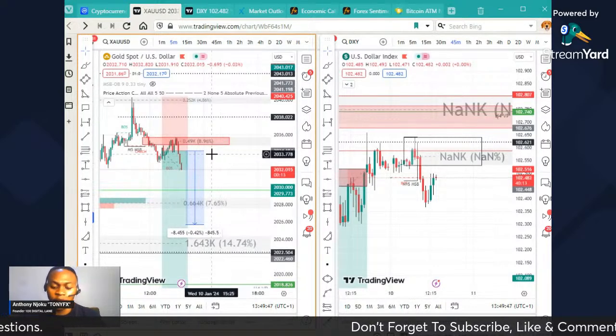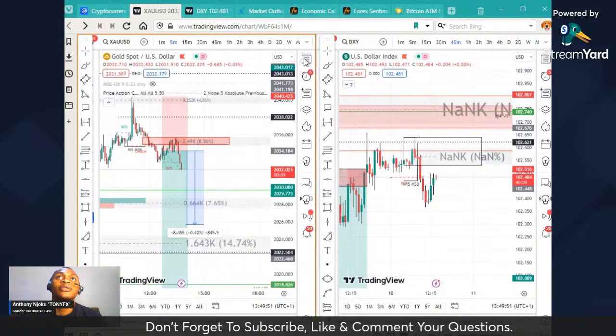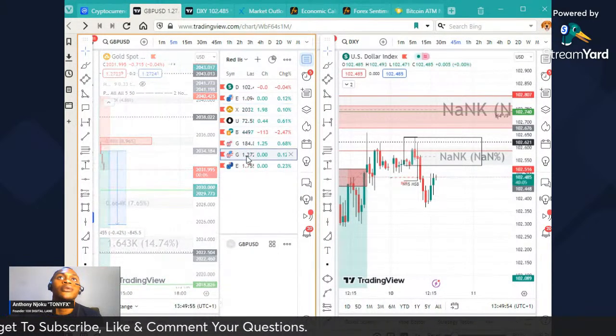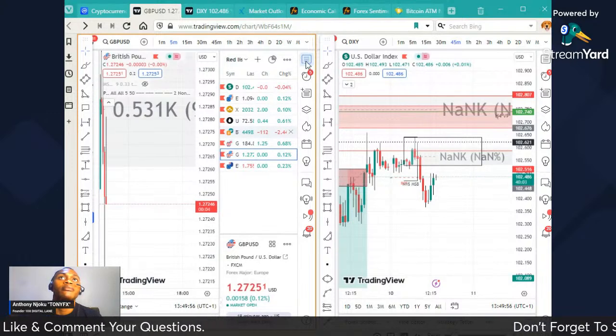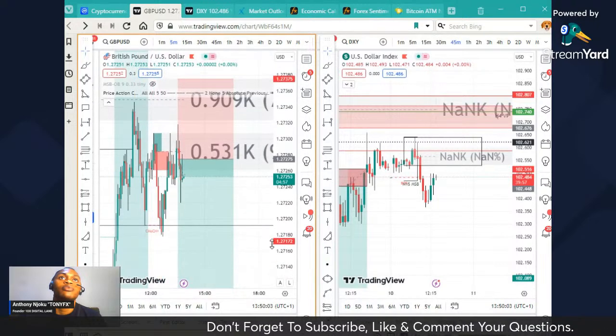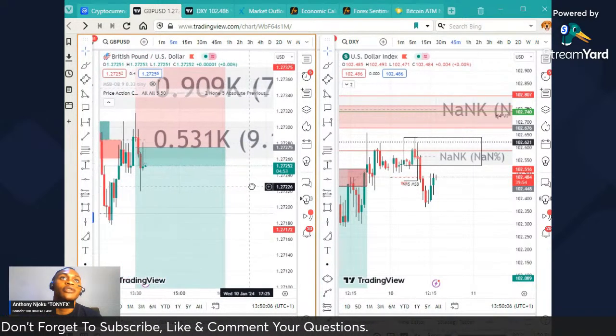Okay, the market is moving gradually. Let's see what GBP is doing. GBP is moving. As you can see, DXY is moving as well.